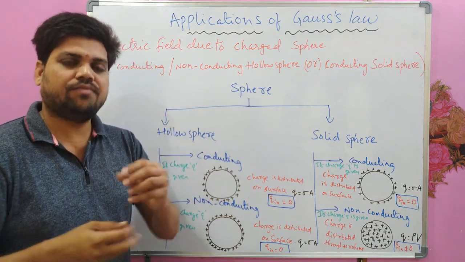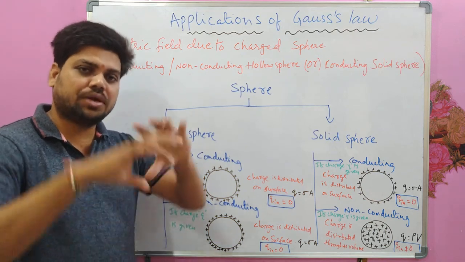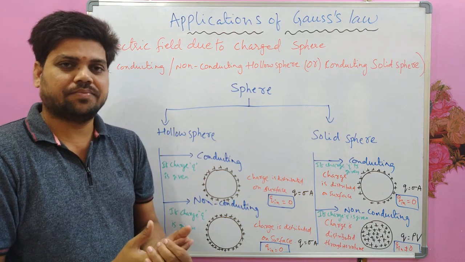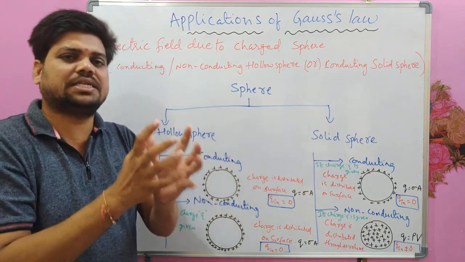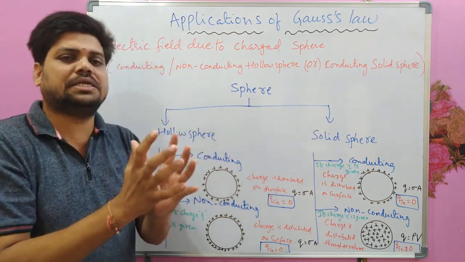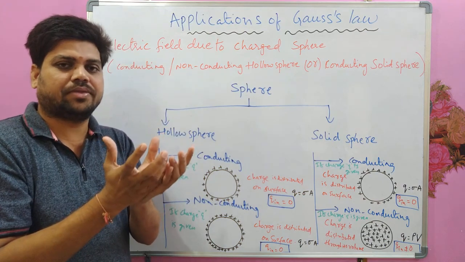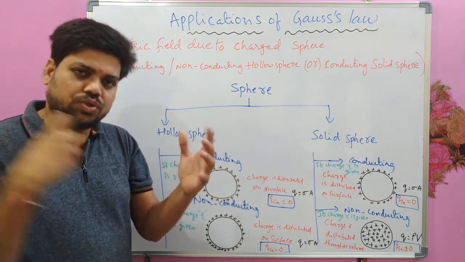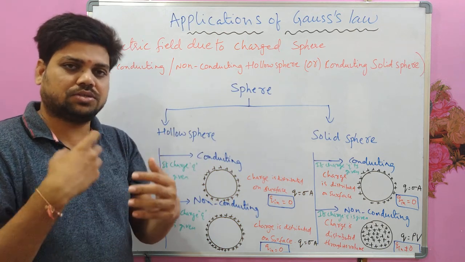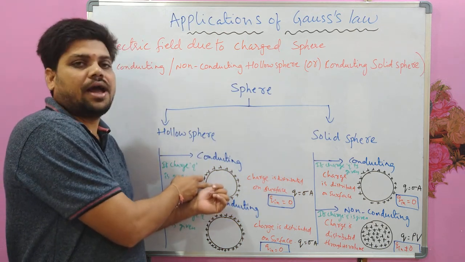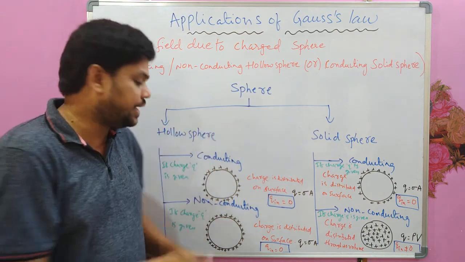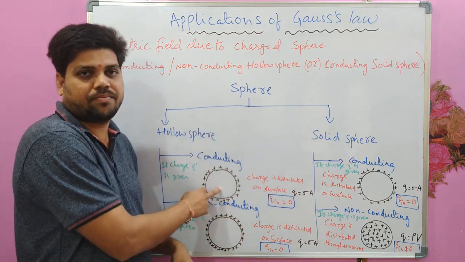Now, if a charge Q is given to a conducting hollow sphere, meaning a metal sphere, because there is nothing inside, it is an empty space inside a hollow sphere, whatever charge you supply to that hollow conducting sphere will be accumulated on its surface.